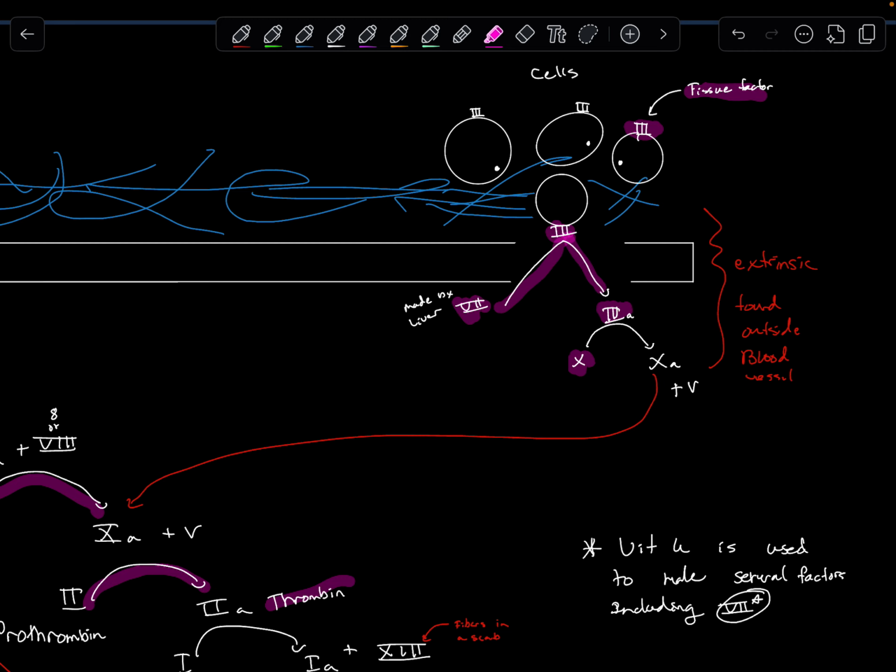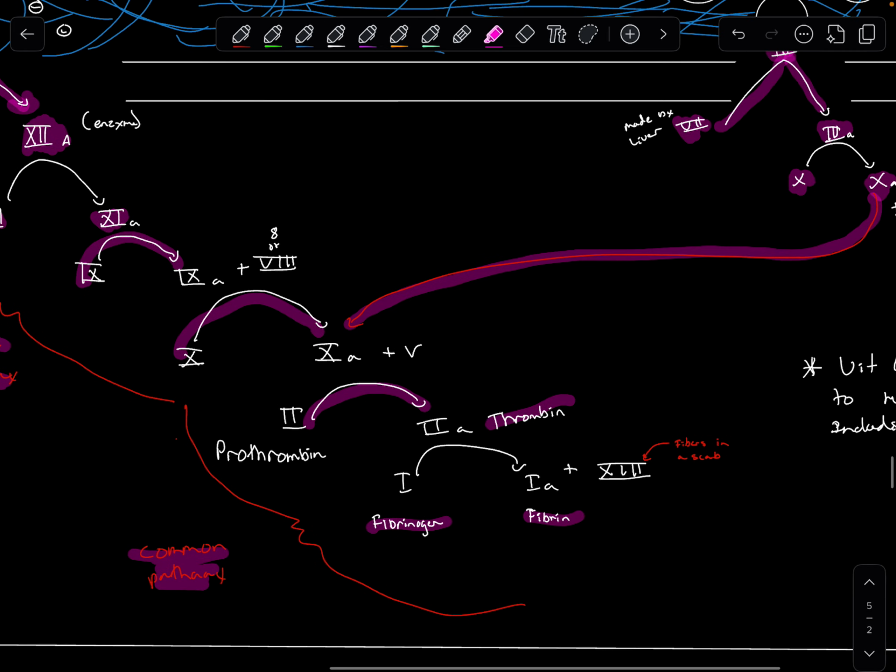Factor X comes in, is activated by factor 3A and becomes 10A, which then is able to come all the way over here into the common pathway, and allow for the further conversion of prothrombin to thrombin.